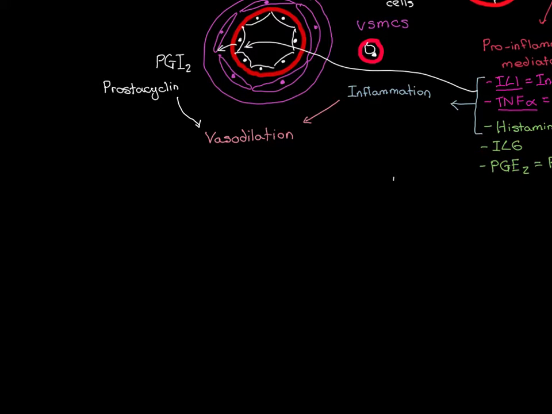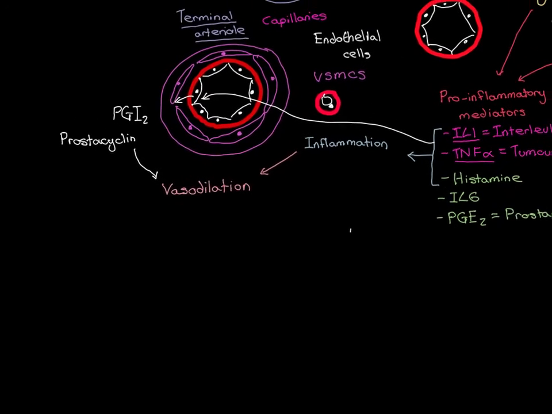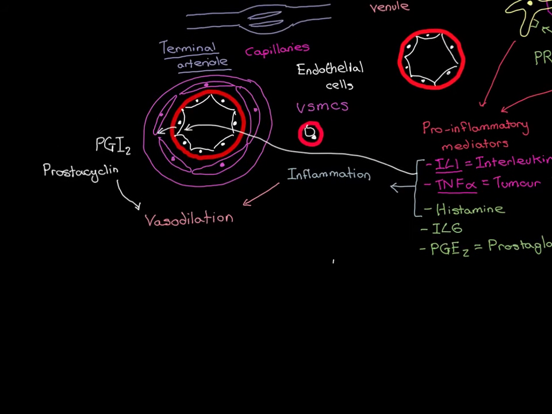So this is the way in which interleukin-1, TNF-alpha, and histamine affect the terminal arterioles. They cause vasodilation of the terminal arterioles. Now, what on earth is the point of vasodilating the terminal arterioles in this area where the inflammatory response is occurring? Well, if you vasodilate the terminal arterioles, that means that blood flow is going to increase to the affected area.